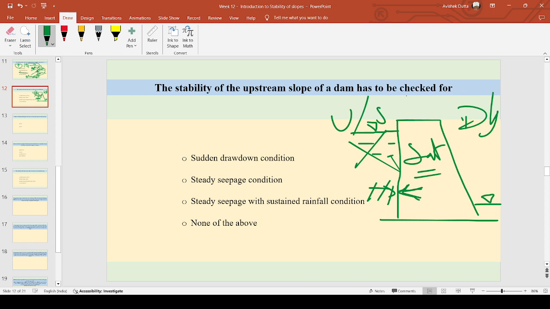Hence, the upstream slope of a dam has to be checked for sudden drawdown condition, because at that time the forces from the saturated part of the upstream slope will go unbalanced and the stability will be in question at that time. I hope I was clear. Okay. Next question.